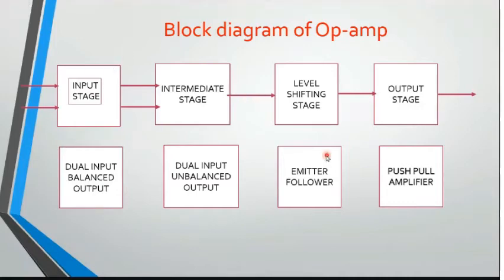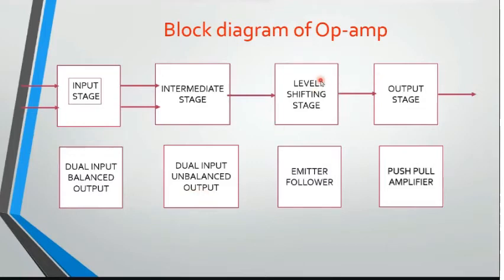So this is called dual input unbalanced output. If you have 2 terminals, you use the term dual. At the output, you have only 1 terminal, so you call it an unbalanced output.